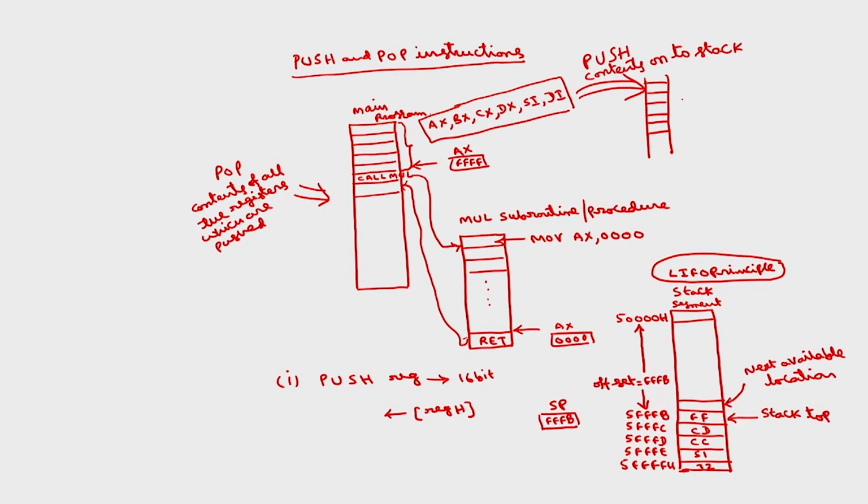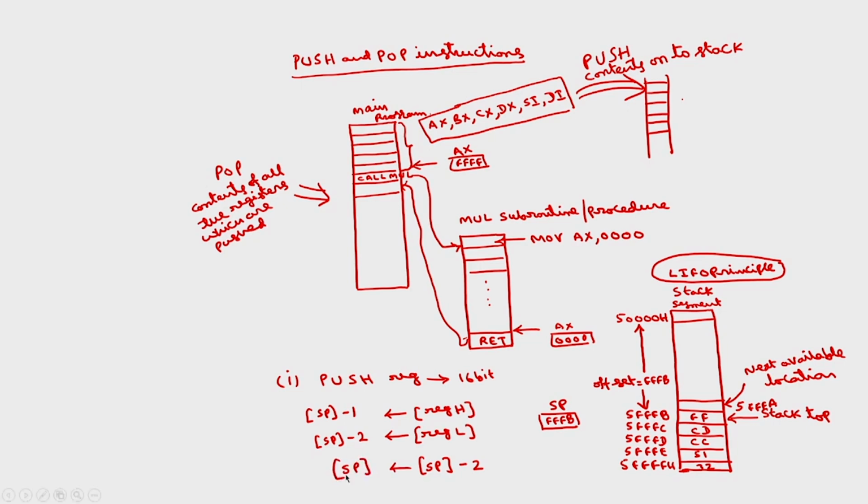This address will be 5FFFA. The offset from 50000 to 5FFFA is FFFA, which is SP minus 1. So, the higher order contents will be transferred to SP minus 1. Then the lower order register contents will be transferred to SP minus 2. Then SP minus 2 will be assigned to SP.